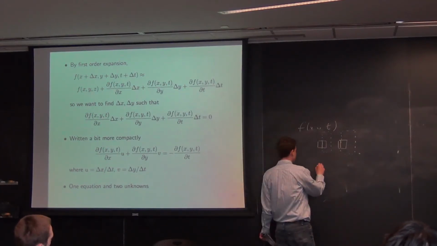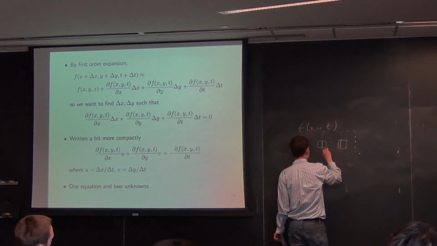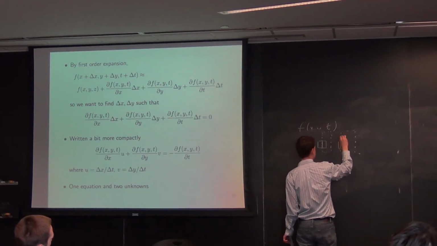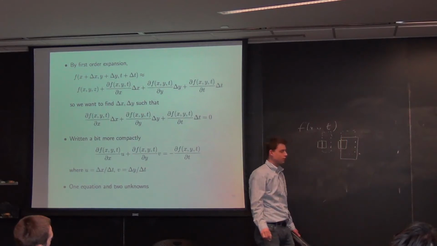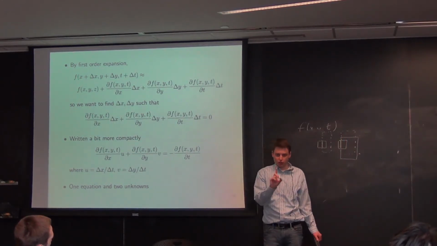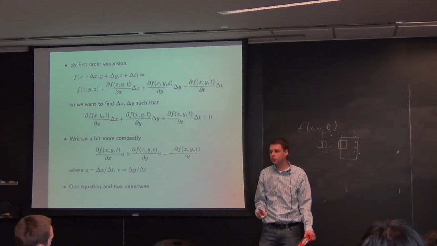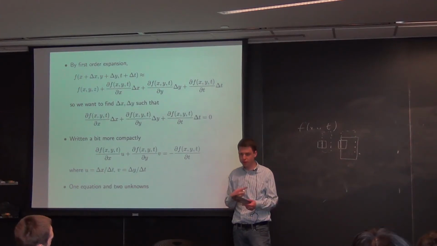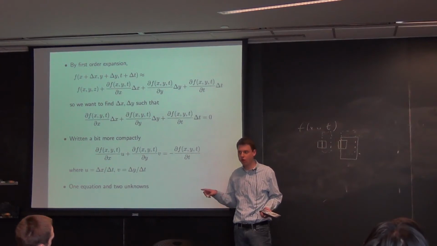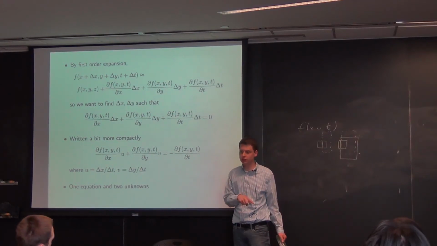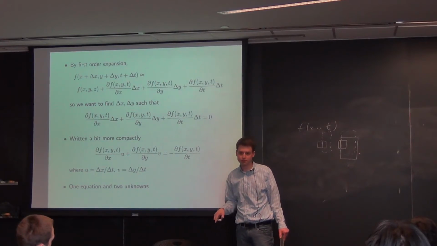But it's just as likely that you started with this thing, and then what happened is it moved down here. So essentially, if you look only at one pixel in the image, you can get some information about motion by looking at the gradients, but you can't actually resolve the full 2D motion of the underlying image.